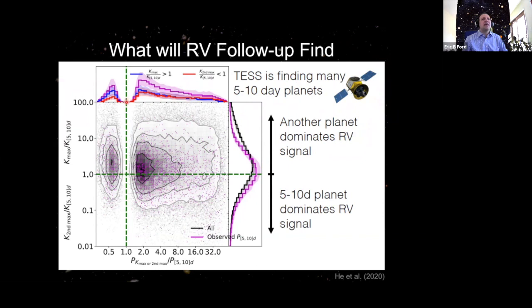So most of the time the planet's exterior, but sometimes it's interior. And then the vertical axis shows you the distribution of the ratio of their radial velocity amplitudes. And if anything, the mean is slightly larger for the largest other planet being larger than the planet that you're trying to follow up in transits.